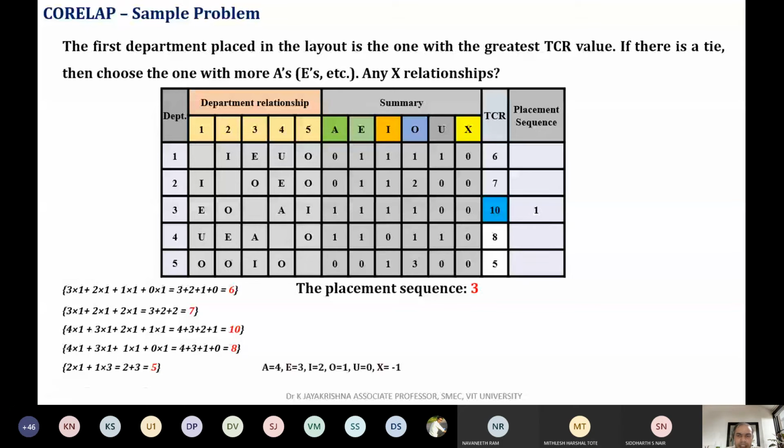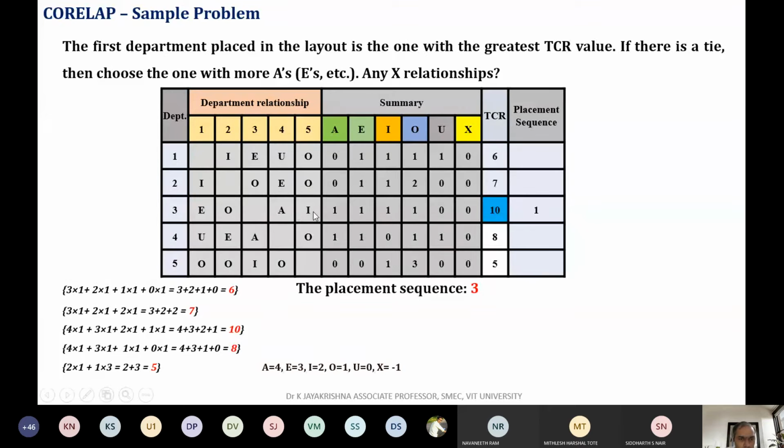No doubt. Okay, so now tell me how to select the next department. The next department will be selected based upon the relationship. The second department has to be selected based upon the relationship it shares with the already placed department. The previously placed department now is 3. So if I walk along this row, A means strong relationship, X means undesirable: A, E, I, O, U, X. So A is first.